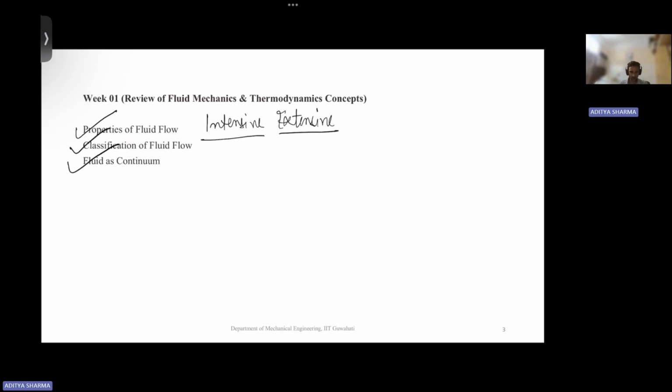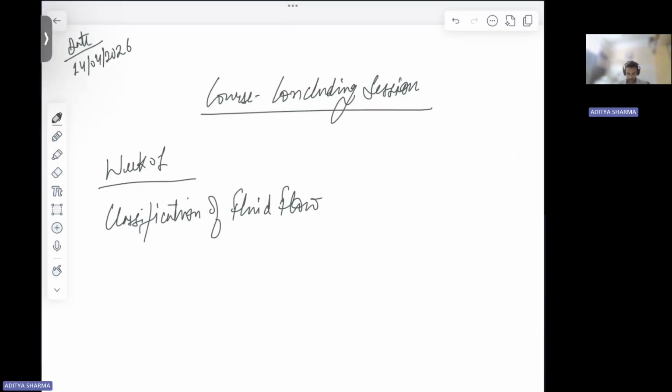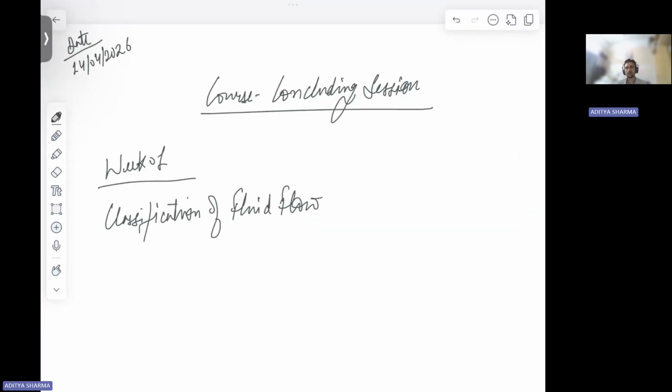Then fluid as a continuum. For the study of fluids, we consider fluid to be a continuum, right? Continuum means the fluid is continuous and there are no gaps in between in the fluid. That is what we suppose for our study of fluid dynamics, right?